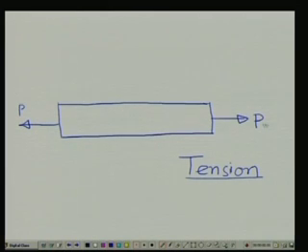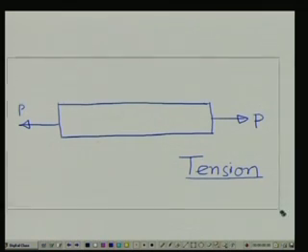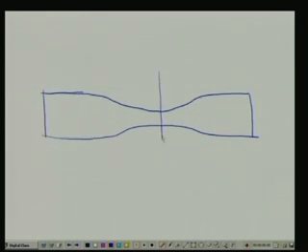If we look at this figure, it will be clearer. You must have seen that it comes down to something like this, and ultimately this particular failure takes place in this zone.